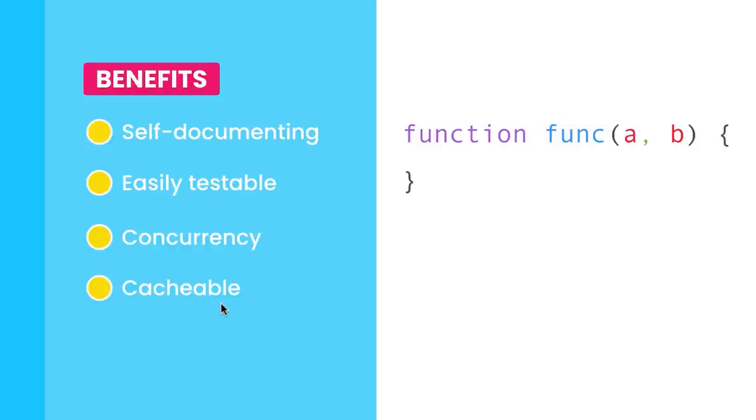For example, if we call this function and give it two arguments like 1 and 2, and we know that this always returns 3, we can store the result in a cache and use it in the future. This is useful in functions that have intensive computations. So if we know for sure that they produce the same result for the same arguments, we can optimize them by reading the result from a cache. So these are the benefits of pure functions.